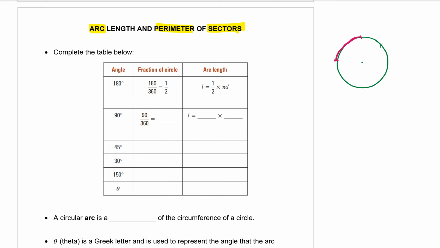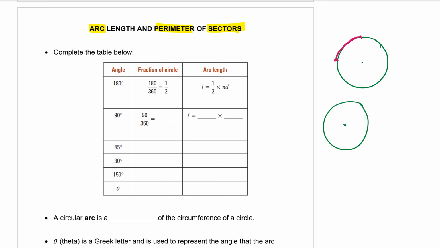So let's start with this table that is here. Complete the table below. If I wanted to find the arc length of a sector that was 180 degrees in my circle, so I won't draw these for everyone, but that would mean here is my circle.